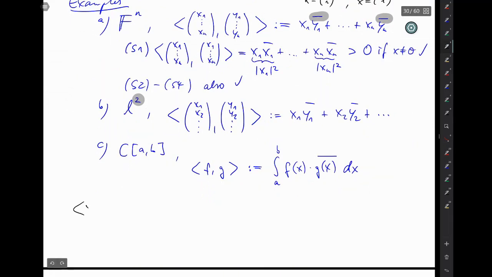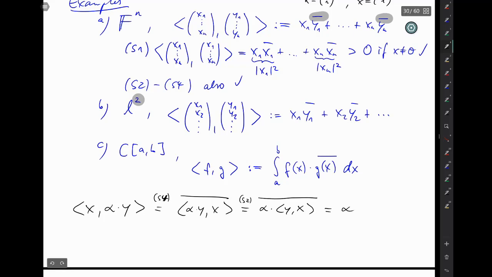So if we try this computation, so we look at x comma alpha times y, then we observe that by the fourth axiom, so by symmetry, S4, we get alpha times y comma x, but with a complex conjugate bar on top. And now by S2 you can get the little alpha out, y comma x, but you still have your complex conjugate bar on top.